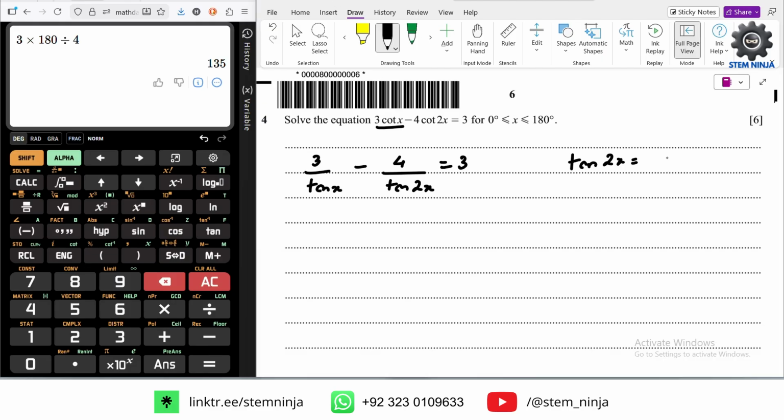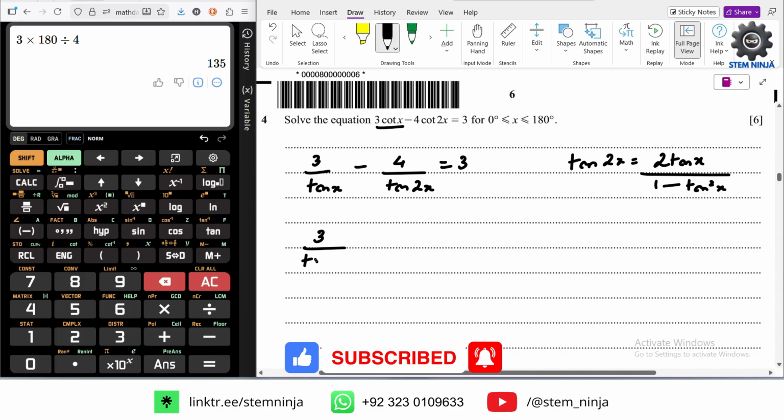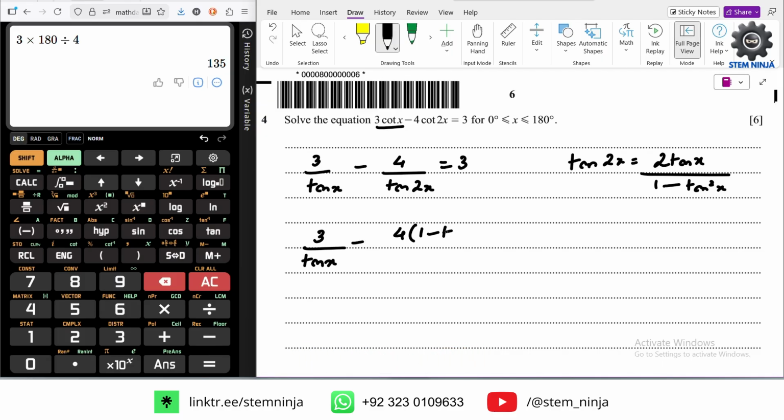It's 2 tan x over 1 minus tan squared x. So the reciprocal of tan 2x would be simply this thing, right? So 3 over tan x minus 4 times (1 minus tan squared x) over 2 tan x equals 3.